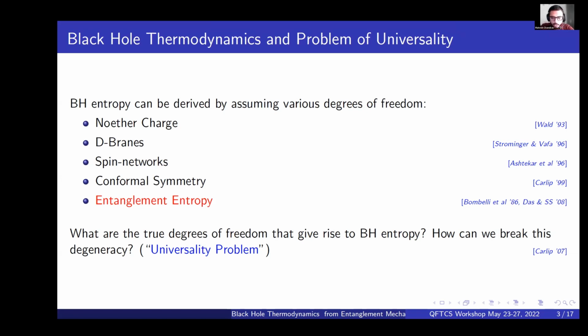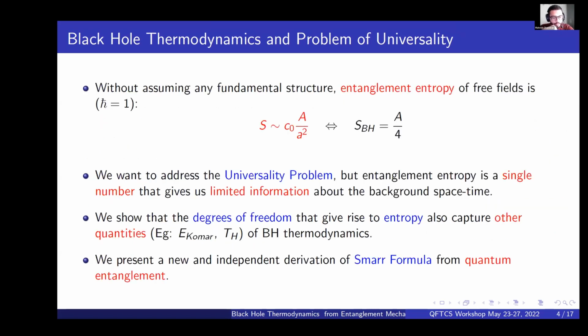And entanglement entropy is the route we'll be choosing in this talk. We'll be seeing whether we can address this problem using the entanglement approach. So the entanglement approach basically considers a semi-classical treatment wherein there is a quantum scalar field propagating in an arbitrary background spacetime, which is essentially classical.